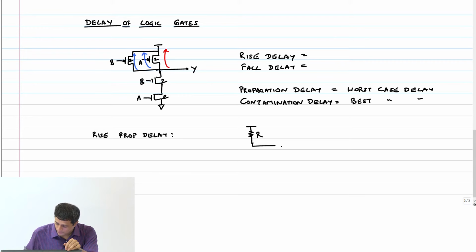Then there is a capacitance which has to charge up. And what is that capacitance value at the output node? 6C, right? So the delay is how much? 6 into RC, right?